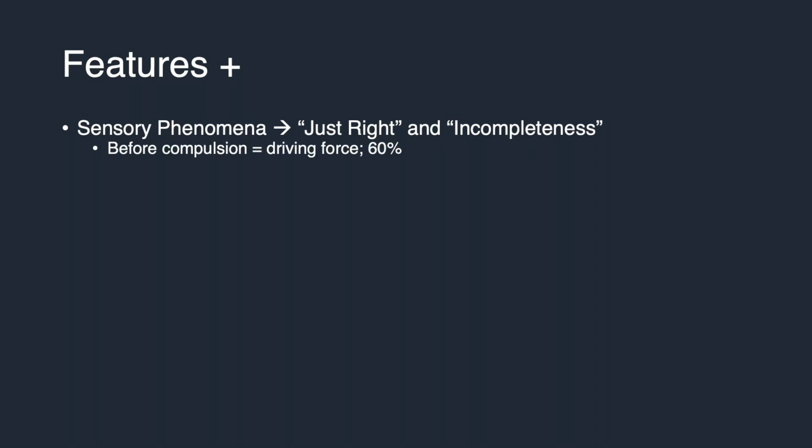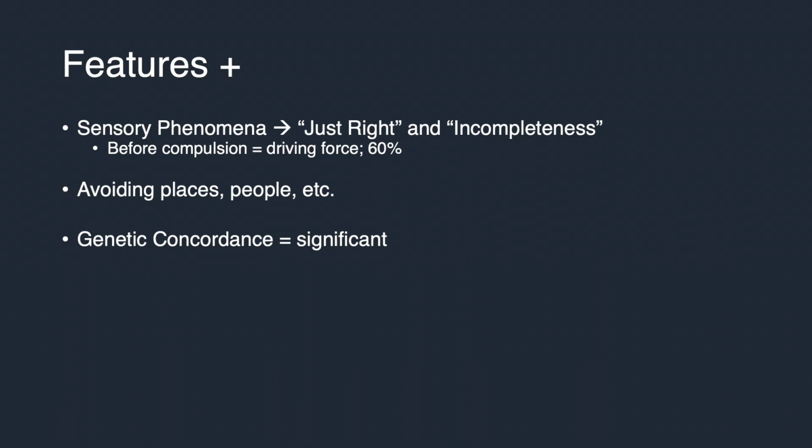It's also important to reiterate that people with OCD have an increased likelihood of trying to avoid places, people, etc. So be careful on an exam or on some question that you may receive one day. If someone is trying to avoid a public place, your mind might jump to agoraphobia. Read the question carefully.